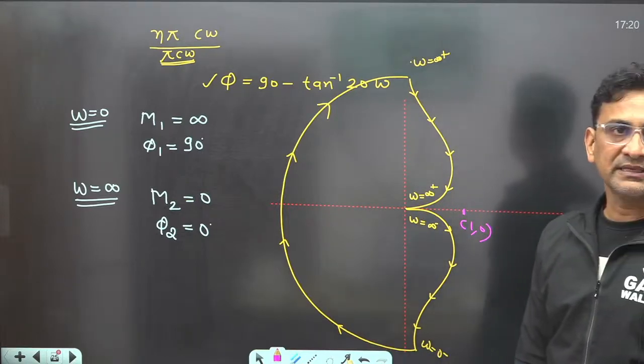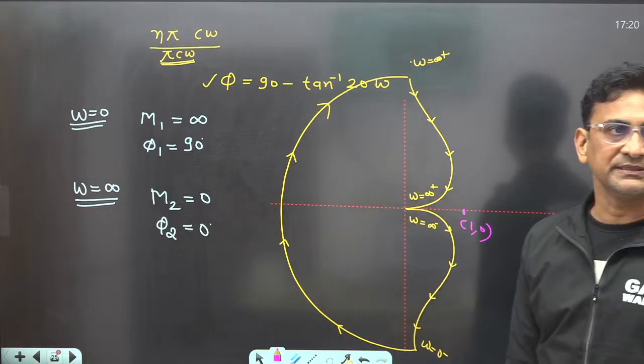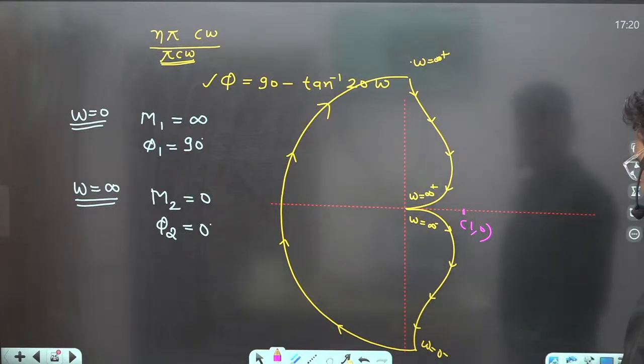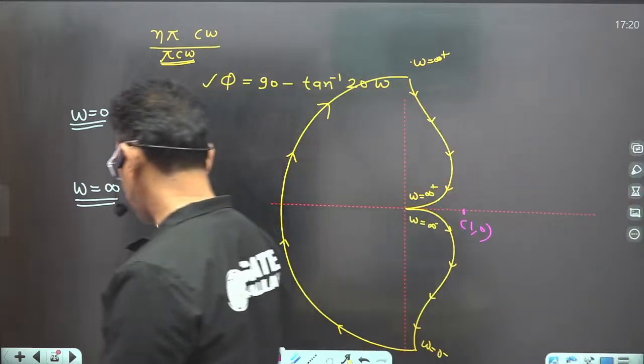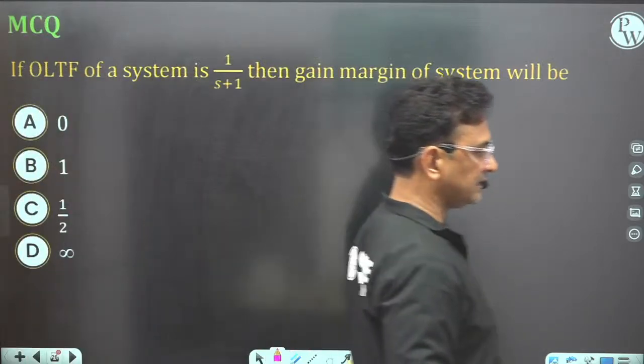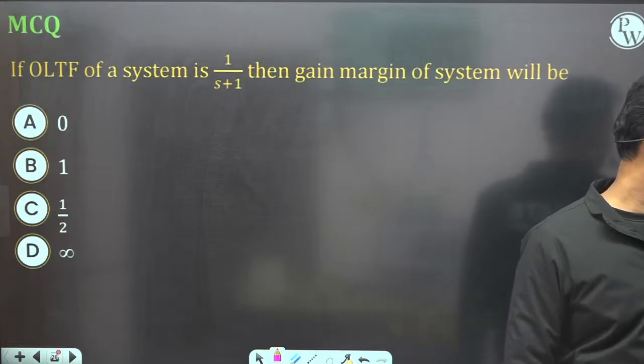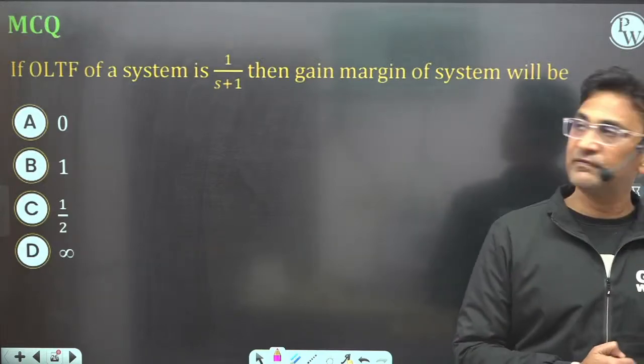But in this question, they are asking about the 1 plus j 0 point, not the minus 1 plus j 0 point. Clear? So first you have to draw the Nyquist plot and then find out how many times it is encircling the 1 plus j 0 point.